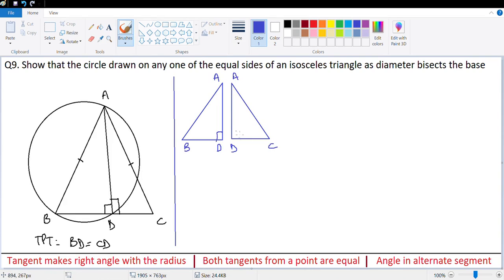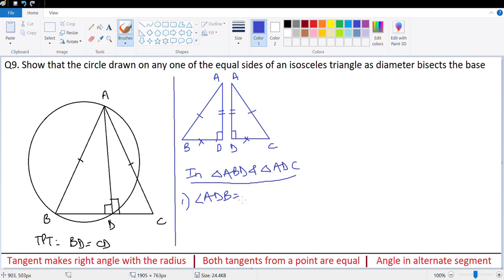This is 90 degree, AB and AC are equal. Anything else? Yes, AD and AD are equal, which means this is by right angle hypotenuse side. These two triangles are congruent, which means BD and CD are equal. Done.